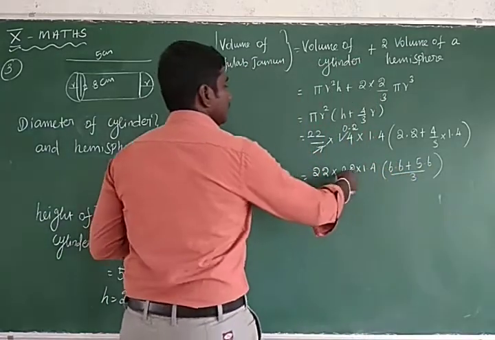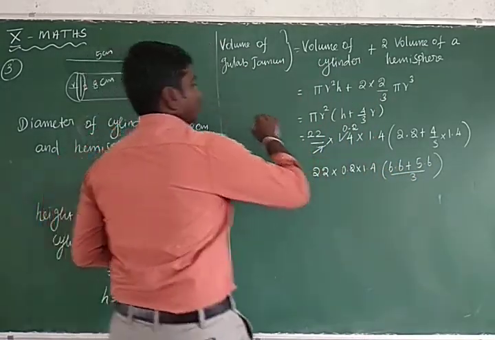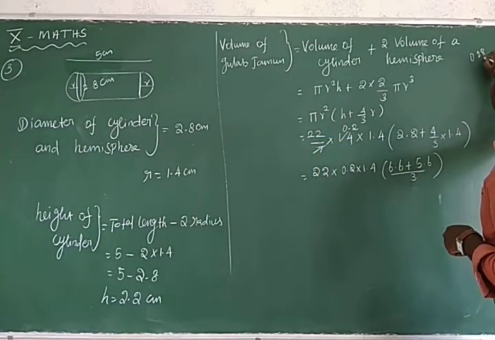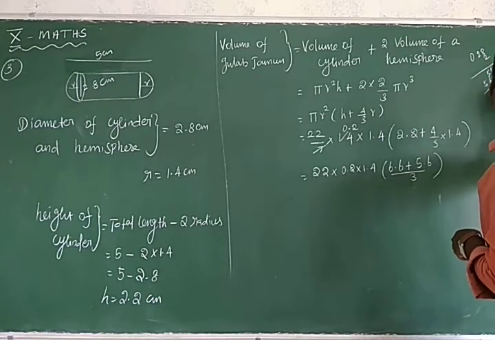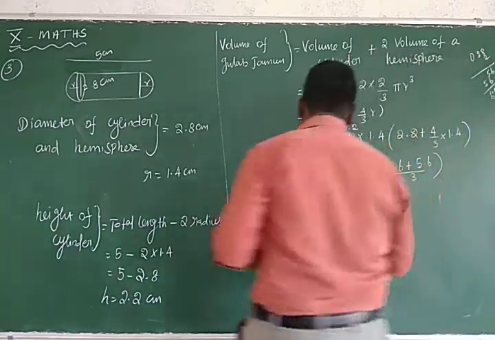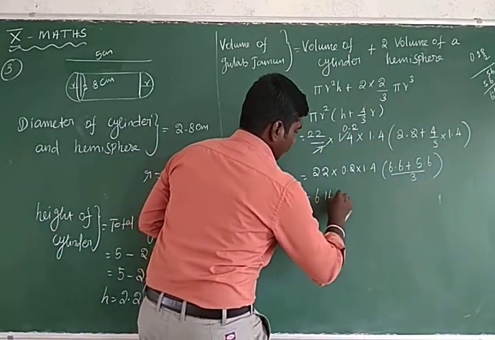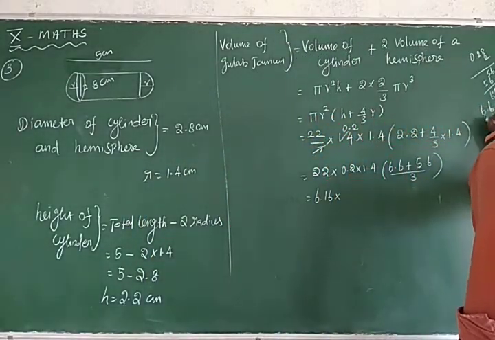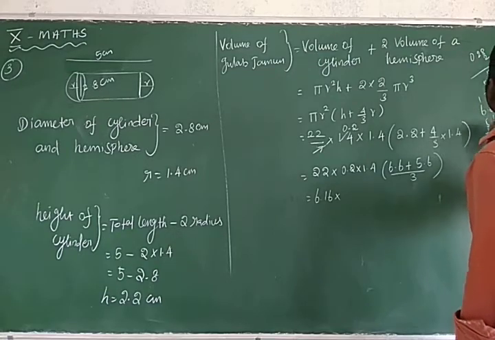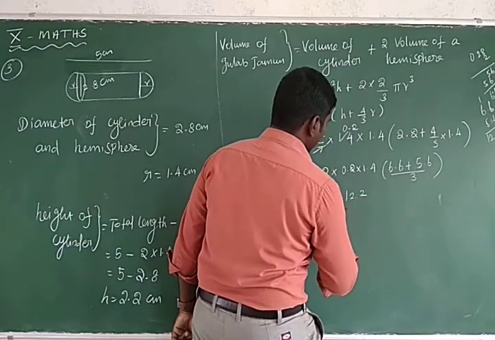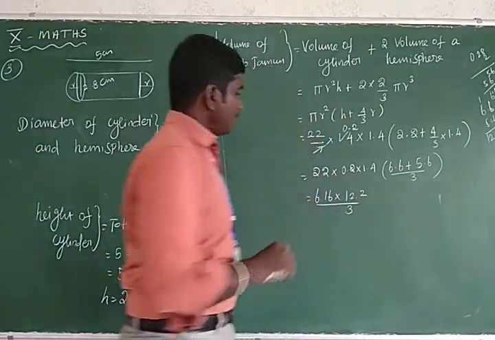Then multiply 2 into 0.28 into 22, then into 5.6 plus 6.68, that is 12.2 divided by 3. Then you multiply.